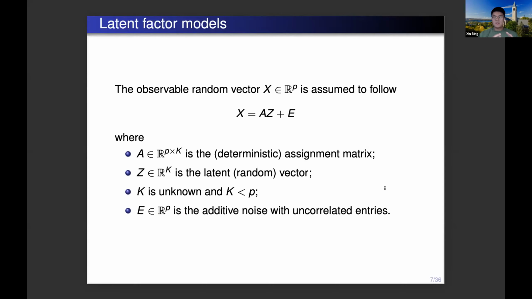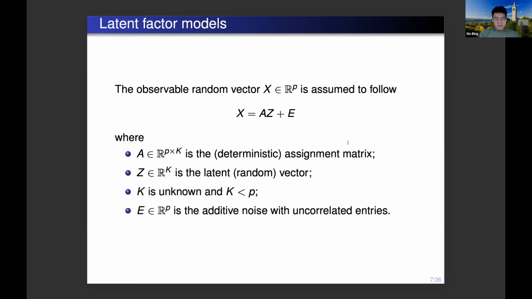You can think this represents the assignment of each observable feature to different clusters, where the clusters are viewed as the latent factors. And Z here is a K-dimensional random latent factor, where we assume that K is unknown but typically much smaller than P, the original number of features. And E here is some additive noise with uncorrelated entries.